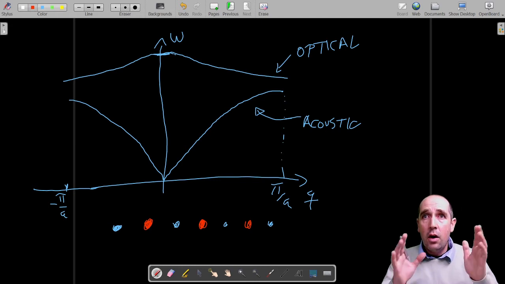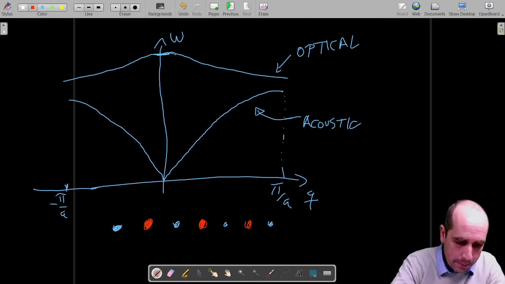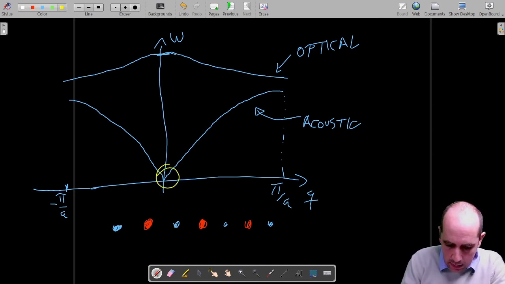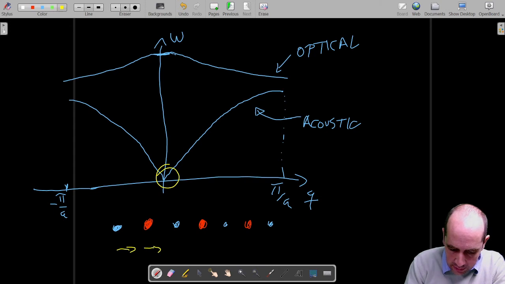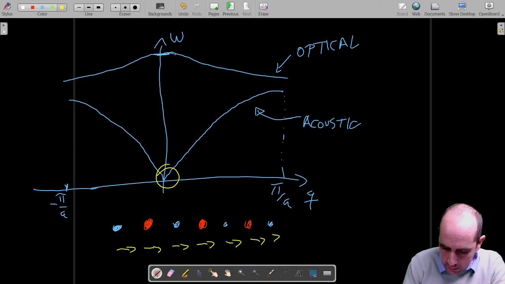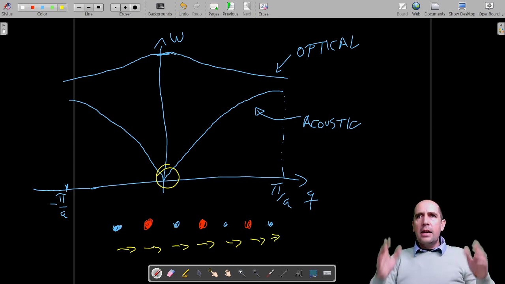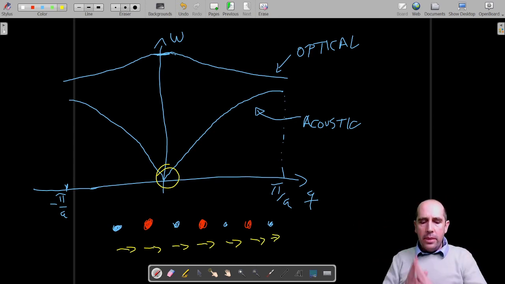In this case, in the low frequency region, all of these atoms will displace in phase altogether, and this basically represents the existence of sound waves. So that's why we call this the acoustic branch.